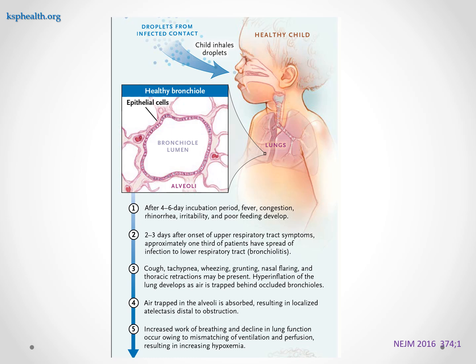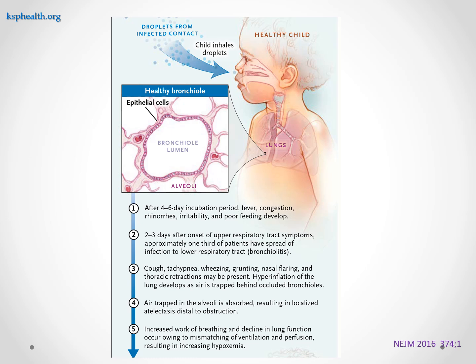About 30% of them develop lower respiratory tract infection, which is called bronchiolitis. They present with cough, tachypnea, wheezing, grunting, nasal flaring, and thoracic retractions.